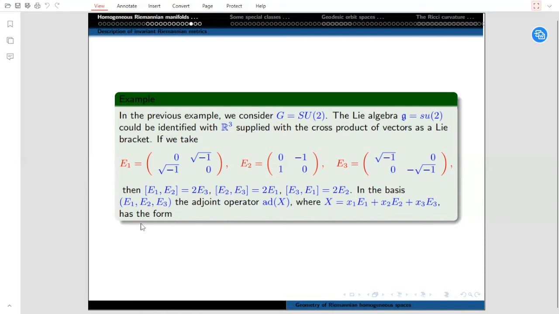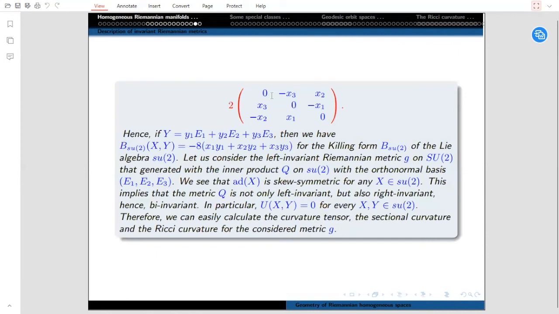In the basis e1, e2, e3, the adjoint operator at x, where x is a linear combination of e1, e2, e3 with coefficients x1, x2, x3, has the following form, this one. We see that the trace of this operator is 0, hence the Lie algebra is unimodular.